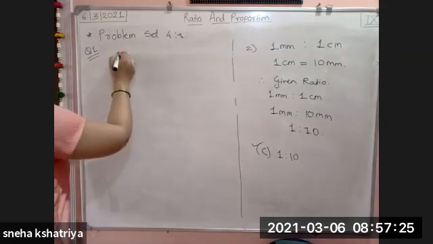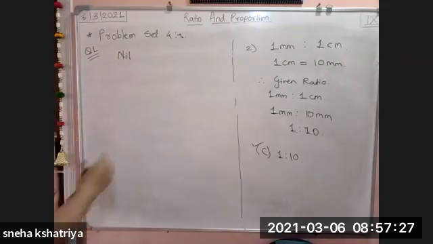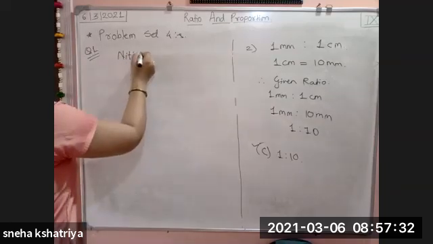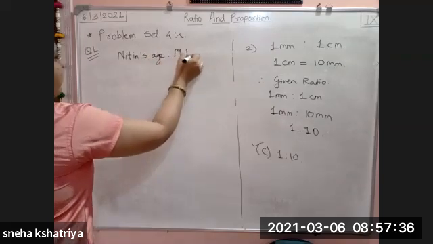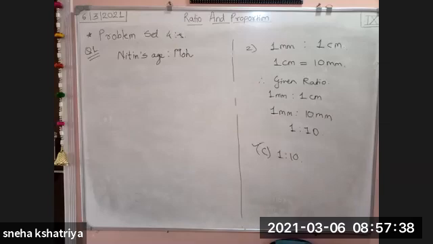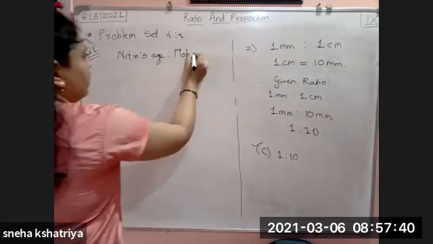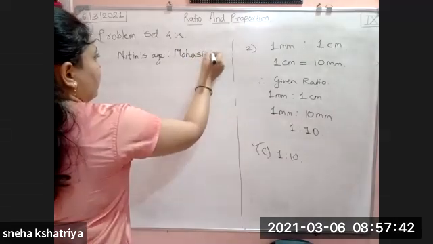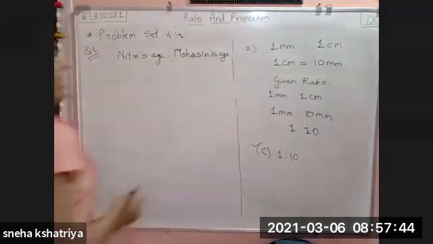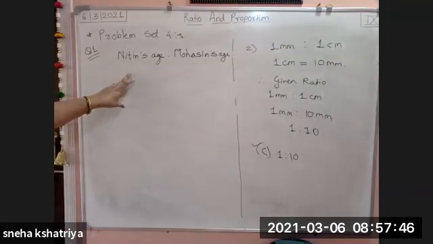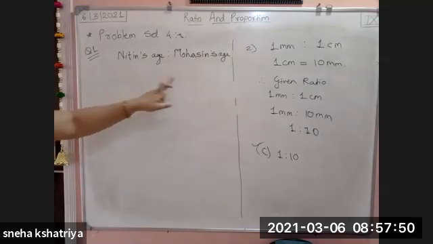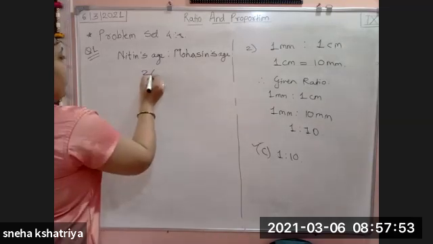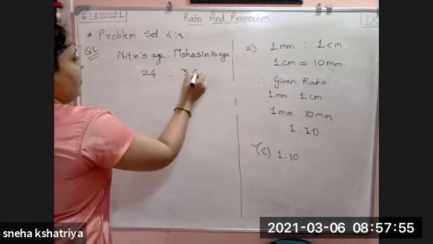What ratio do we have to find? We have to find the ratio of Nitin's age to Mohsin's age. Respectively, it is given, so it is 24 and 36.